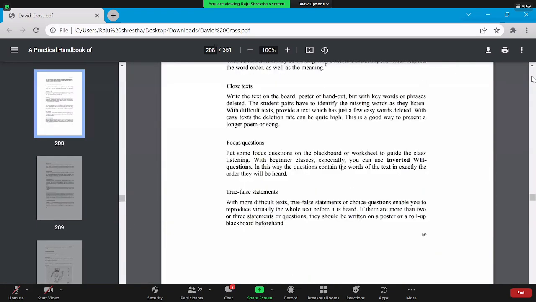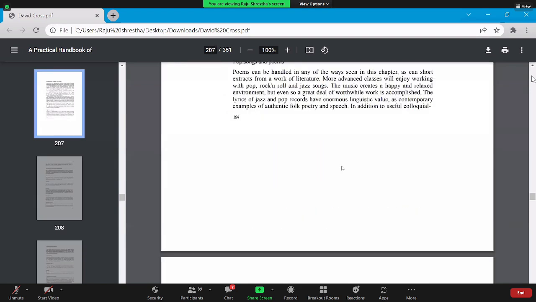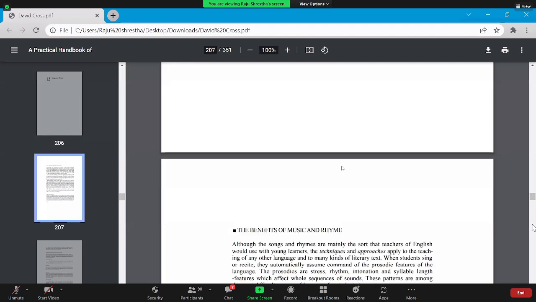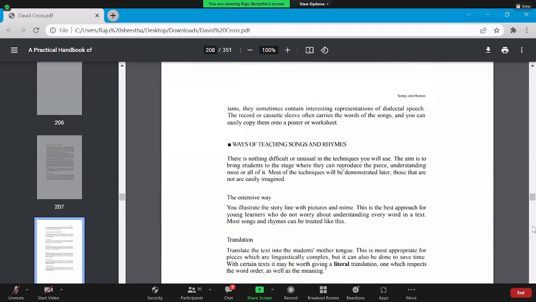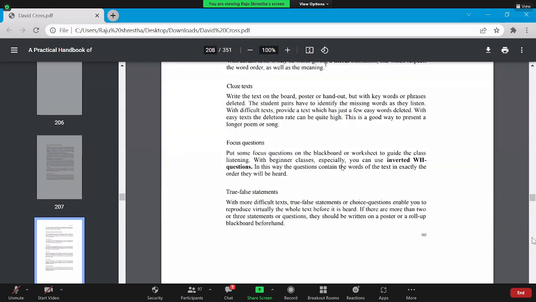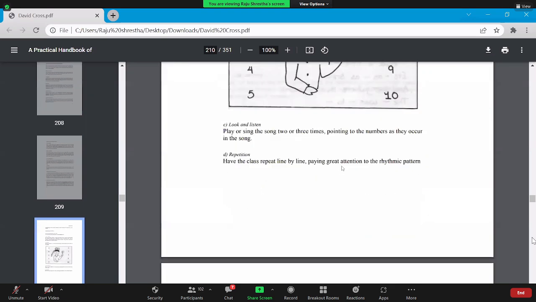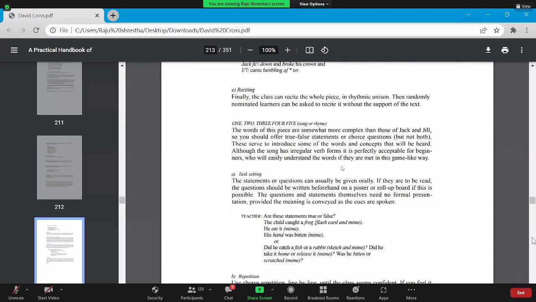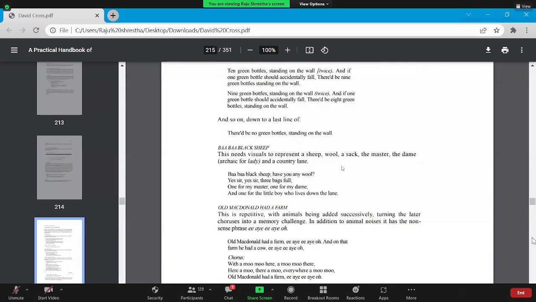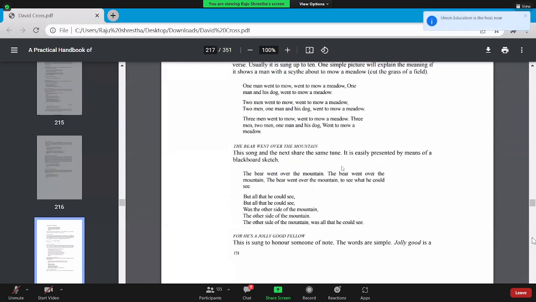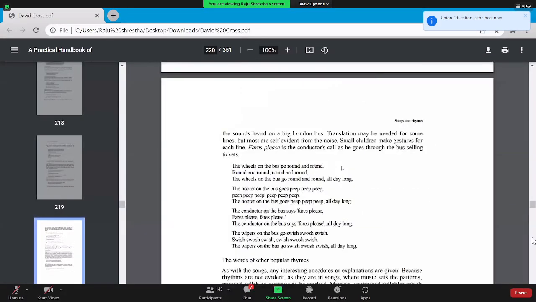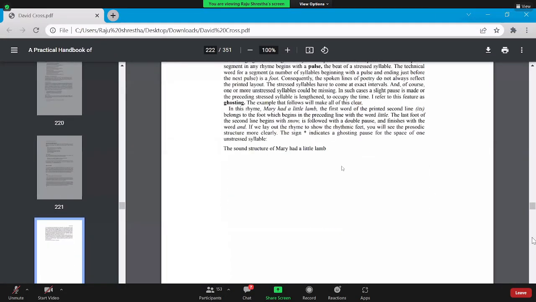Jigsaw listening, music, benefits of music. Here we can use songs, ways of songs and rhymes. All the activities are given here, and for pronunciation also.